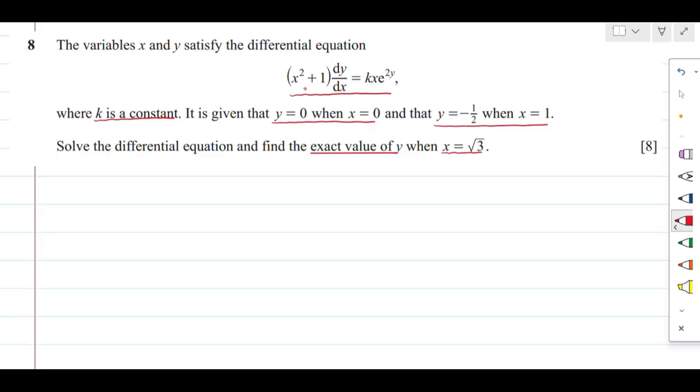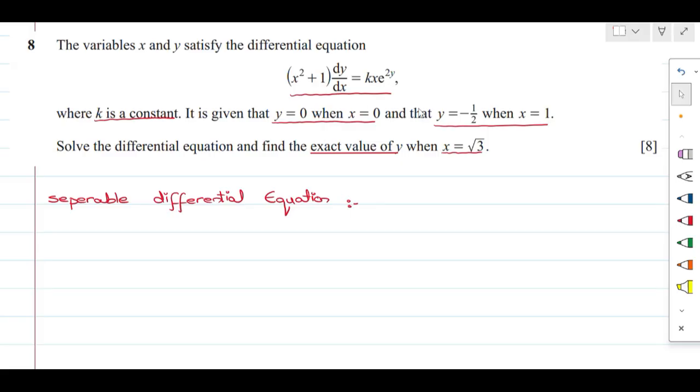So this is a separable differential equation. You can see the x variable can be separated easily and the y is also separated easily, right? In a separable differential equation, we can easily separate the x and y.